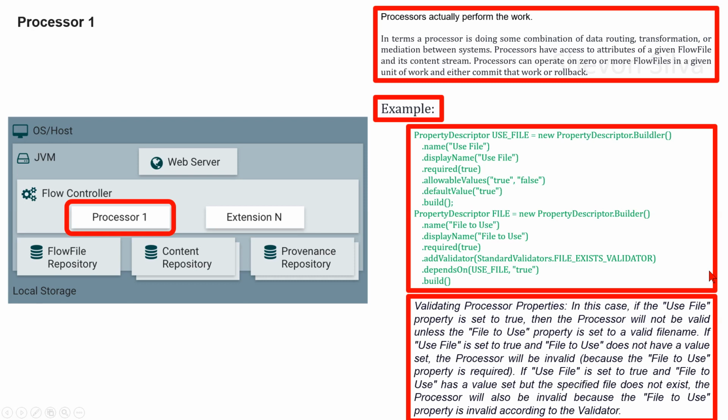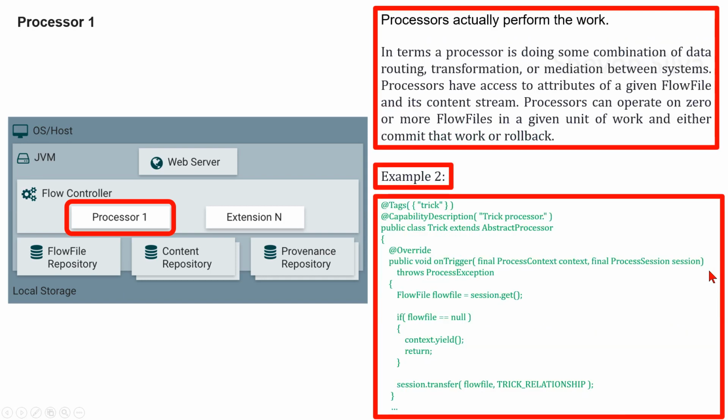There are times though when validating a processor's properties individually is not sufficient. For this purpose, an abstract processor exposes a custom validate method. As an example, we can consider this code segment.